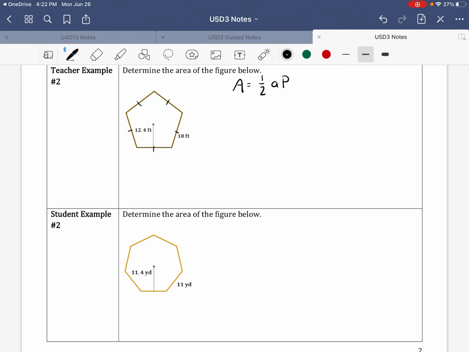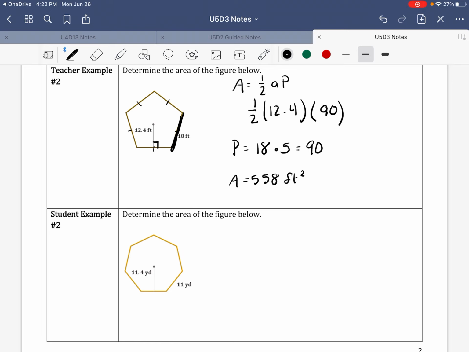Right here, this 12.4 feet tells us our apothem, and our perimeter we can calculate because we know one side length is 18, and we know there are 5 sides, 1, 2, 3, 4, 5. And that 18 times 5 is 90. So our perimeter is 90, so we're going to multiply 1/2 times 12.4 times 90, which gives us a total area of 558 feet squared. So go ahead and try student example number 2 on your own.